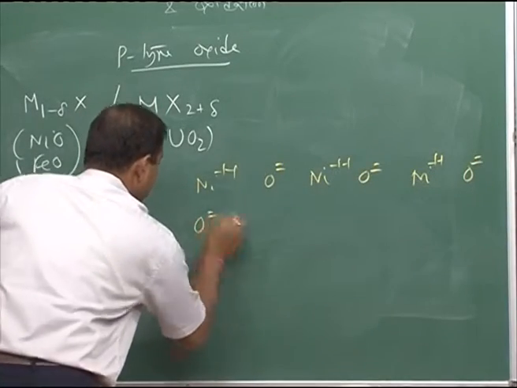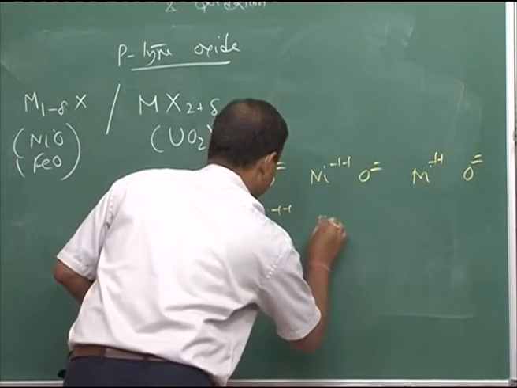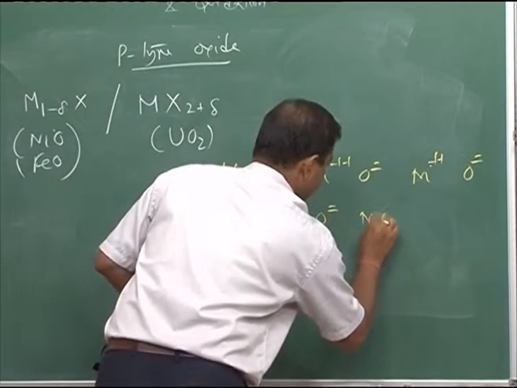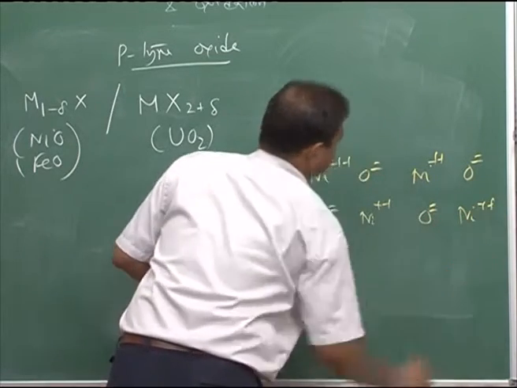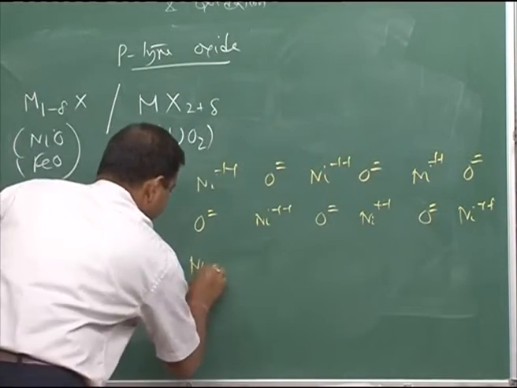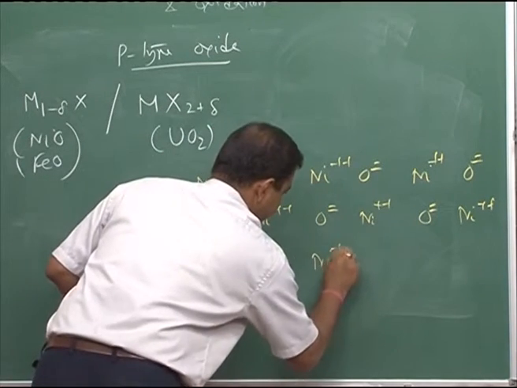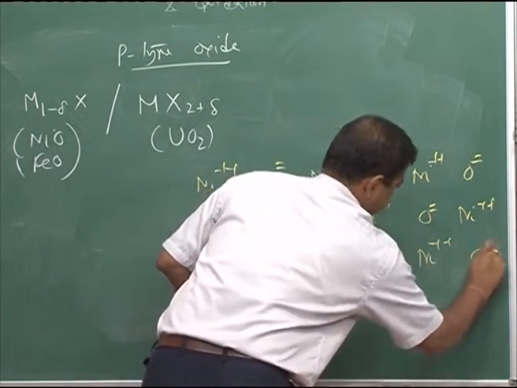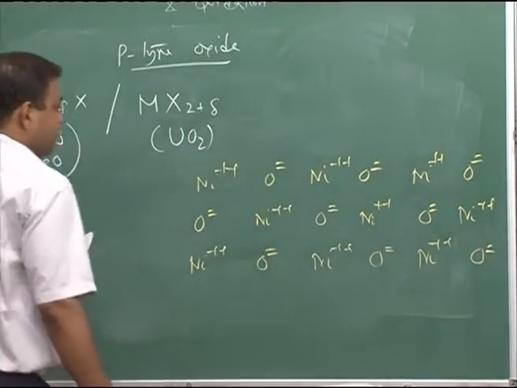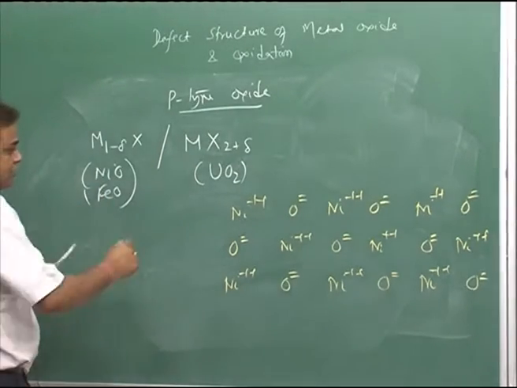So, this is O. This is also a simplistic representation of this oxide in 2 dimensions.